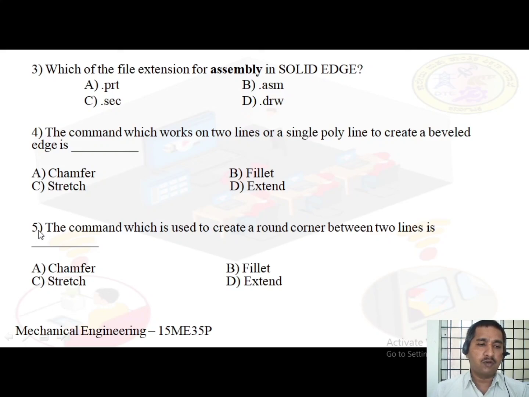See the fifth question. The command which is used to create a round corner between two lines is: A chamfer, B fillet, C stitch, D extend. The fillet command, B, is used to create a round corner between two lines. So fillet is the correct answer. Move to the next slide.